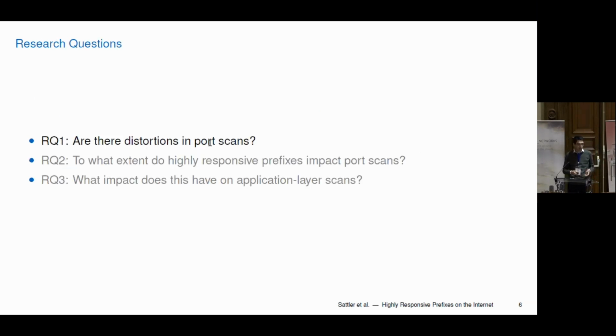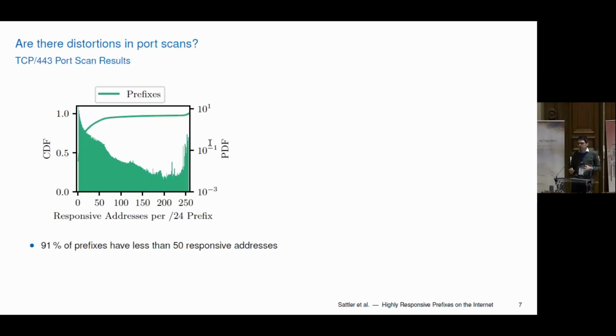So let me start with: are there distortions in port scans? This is an analysis of a TCP 443 port scan, and basically all our analysis is on /24 prefixes. Here we have the number of responsive hosts inside a /24 prefix, so there can be from 0 to 256 responsive addresses inside.